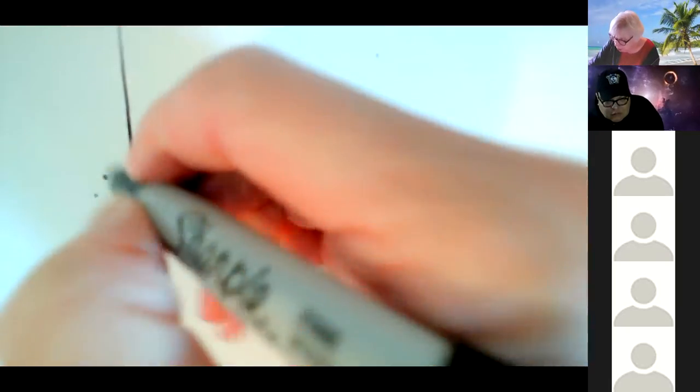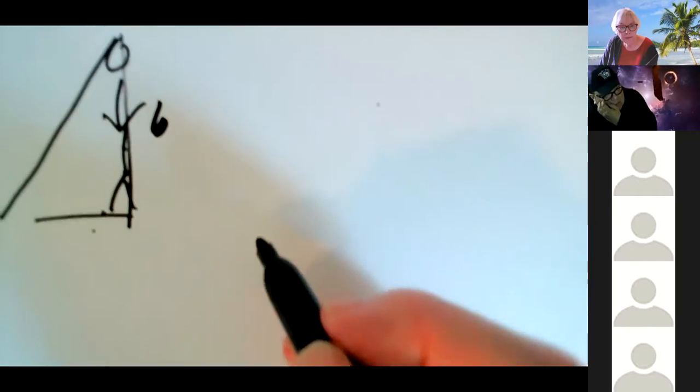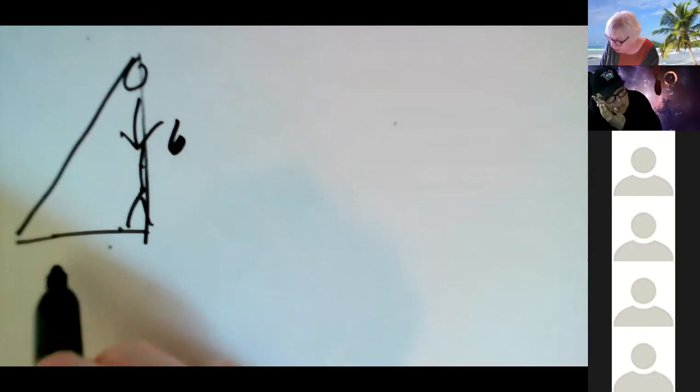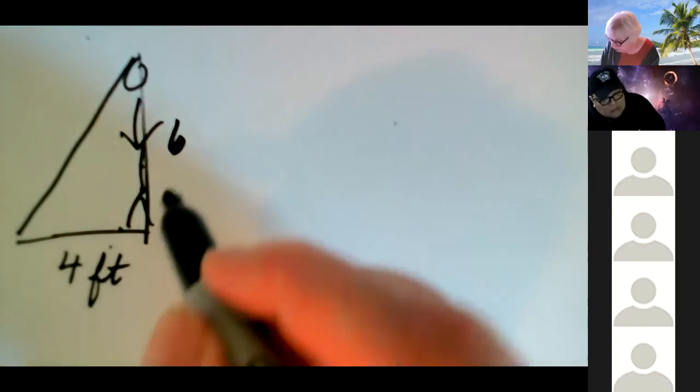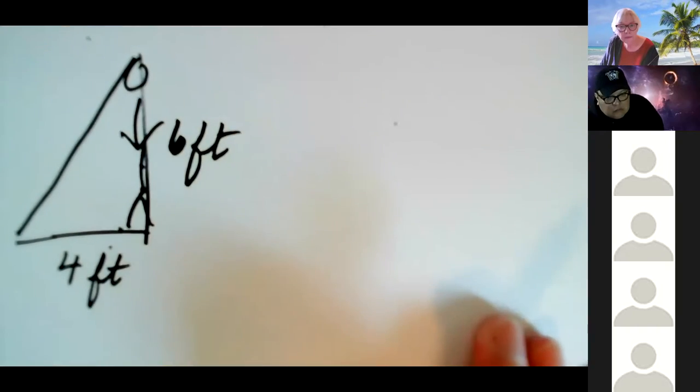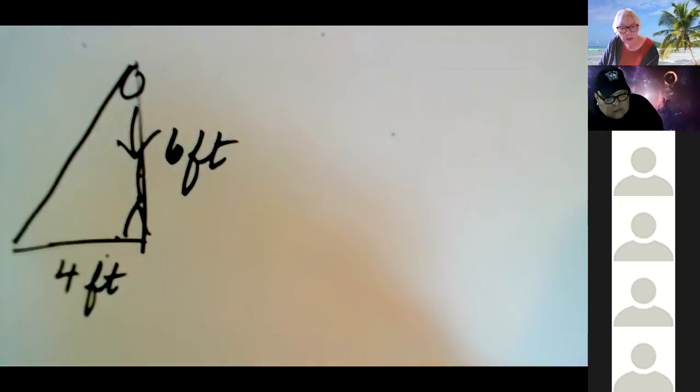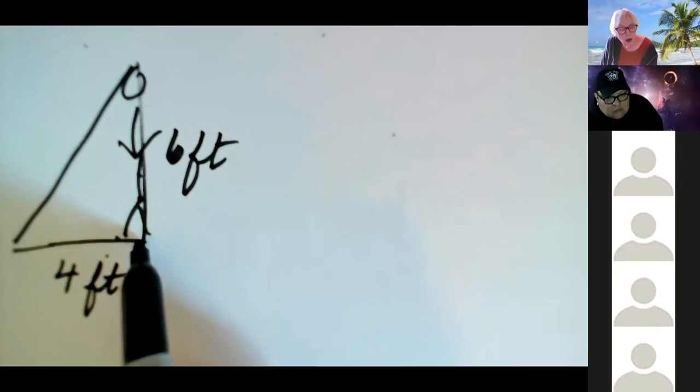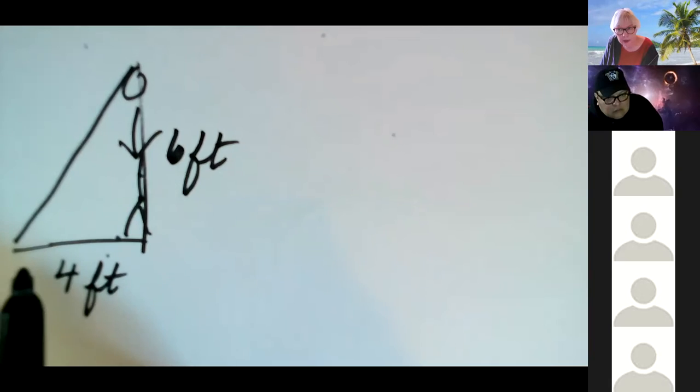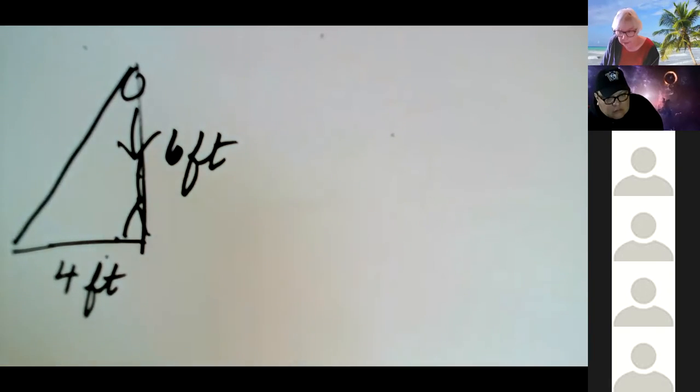So here's the paper. So here's the person. And they're 6 feet tall. And the shadow is 4 feet. Okay, so the person is 6 feet tall. Somebody could easily measure the length of their shadow, right?